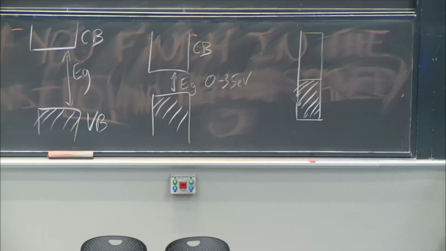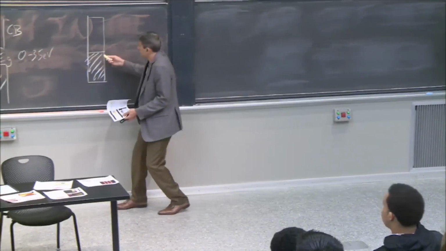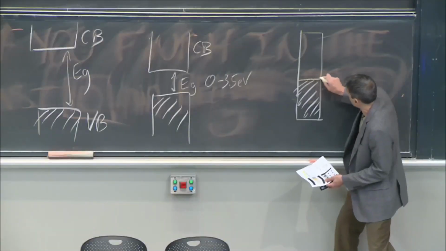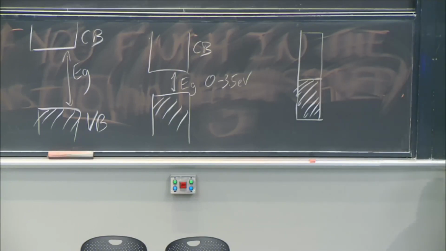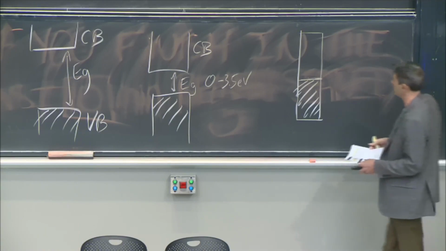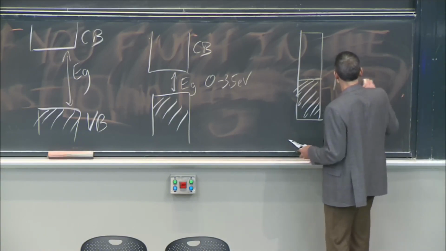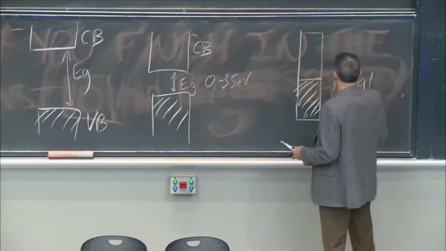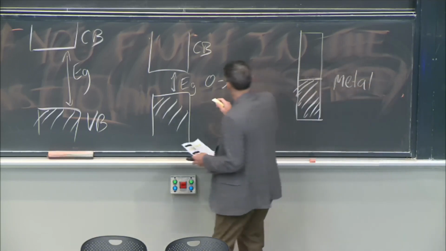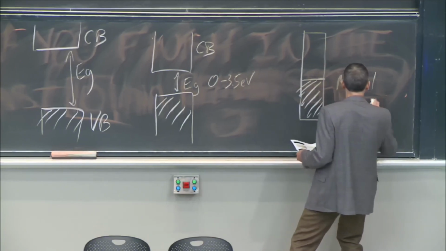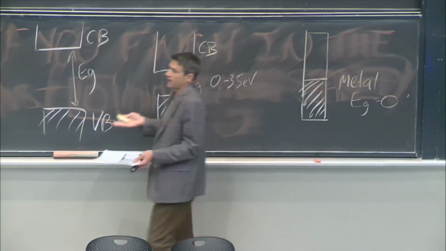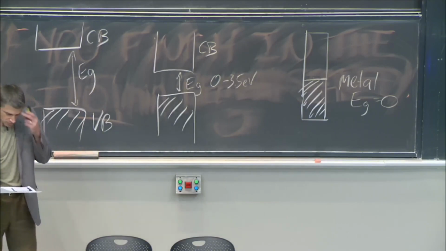Whereas in a metal, there is no such thing, because you fill up to a point where, right above that, an infinitesimally tiny bit of energy away, there's a free state. So you're in the middle of a band, and that's a metal. The gap in a semiconductor has to be greater than 0. Here, the gap would be equal to 0. You can't define a gap in a metal.